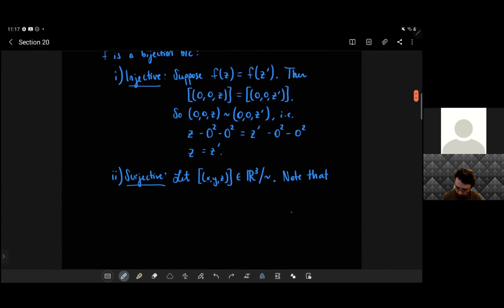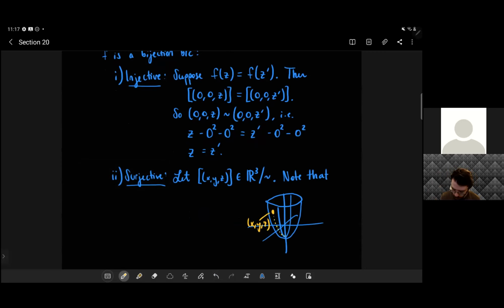But again, going back to the picture, if we're thinking about some paraboloid, and we're saying all points on a paraboloid are equivalent, it really doesn't matter if I picked some point x, y, z on some weird part of the paraboloid.